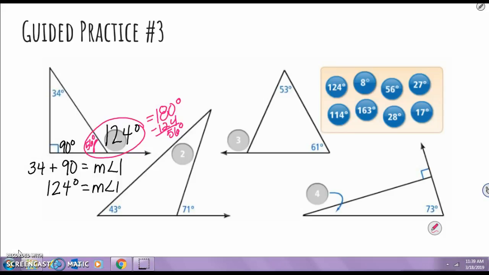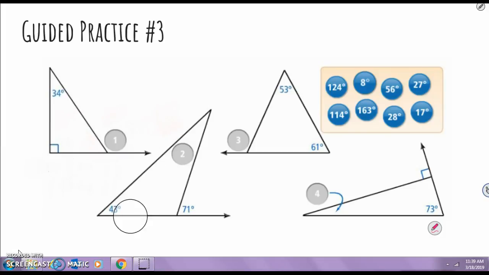I can add 34 plus 90 plus 56, and that gives me a total of 180 degrees inside my triangle. I know that 56 and 124 are 180 degrees for my straight angle, so that means that my solution is correct.